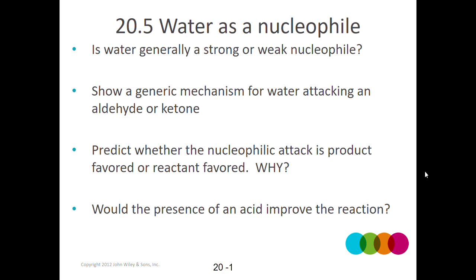So we're going to continue here then with chapter 20. We finished through 20.4, where we described the generic attack of a nucleophile on a carbonyl compound.